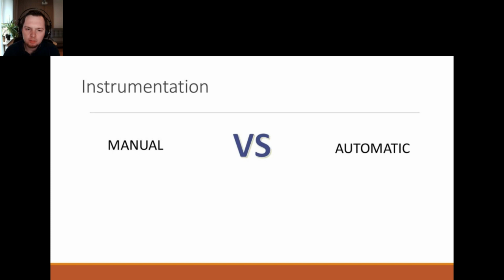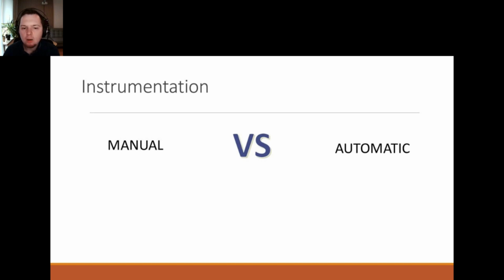So somehow your application needs to create a span, and it can be done in two ways. Either manually, where you write a piece of code that uses the OpenTelemetry API and SDK to create a span, or you can have the automated way of doing it.